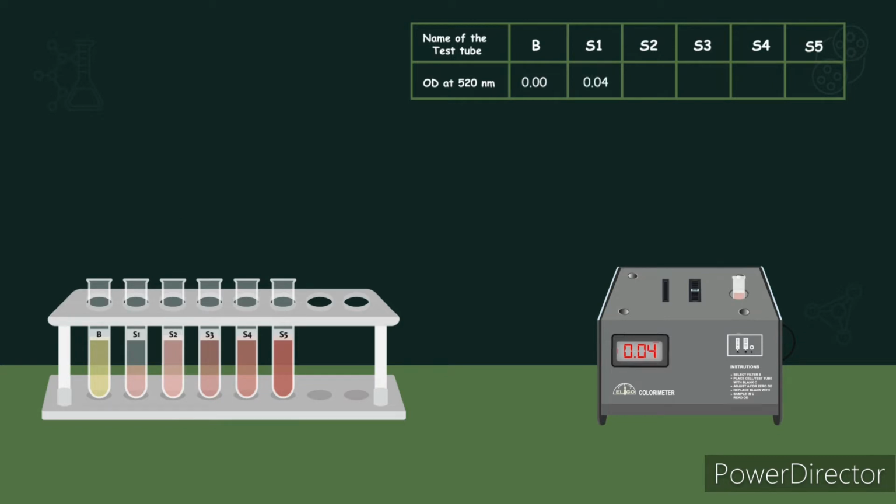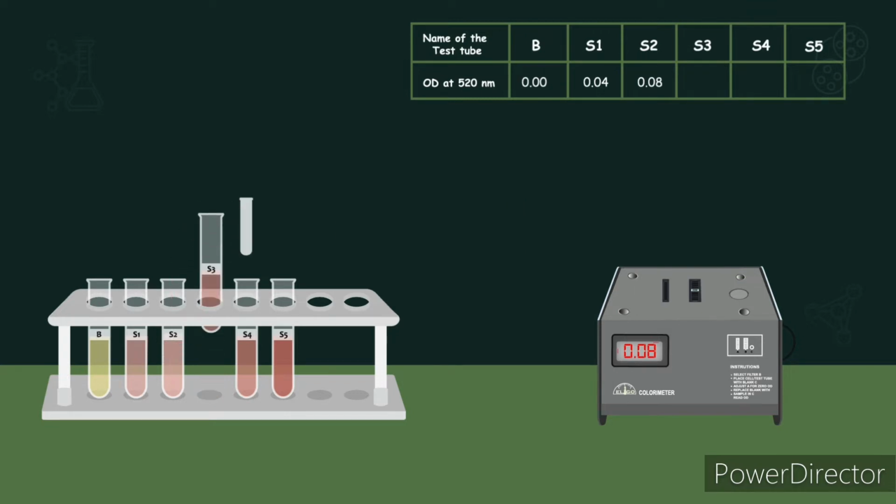Based upon the color developed, the higher the pink color, the higher is the concentration of maltose.